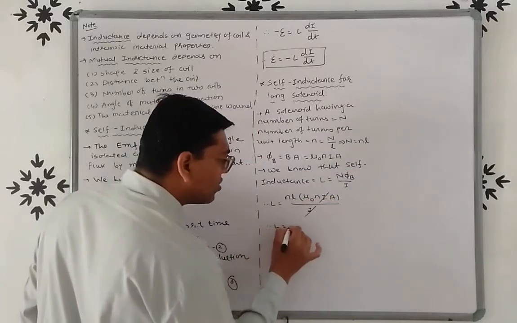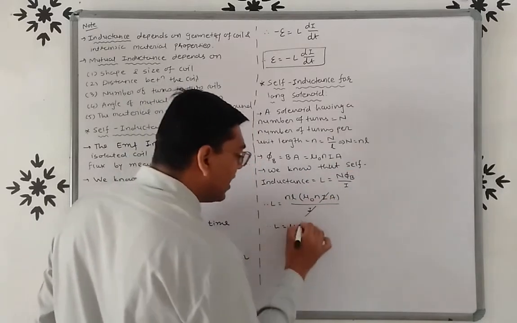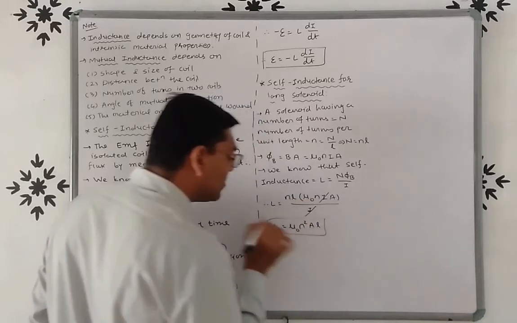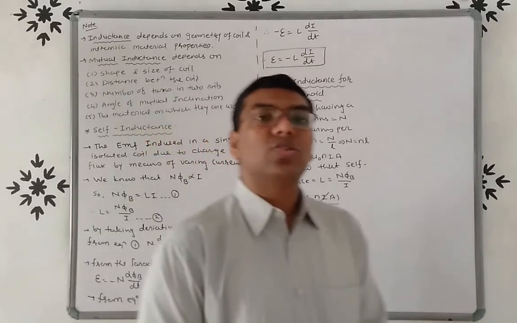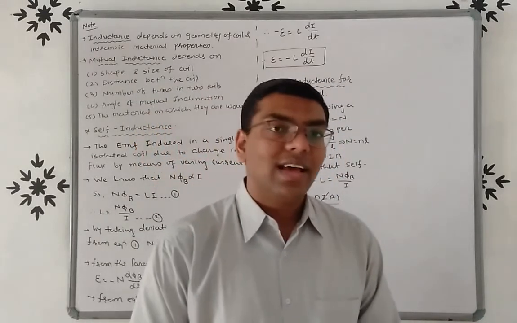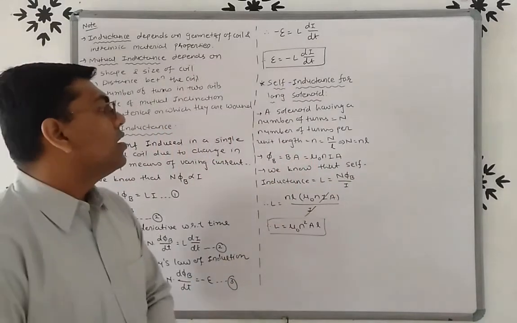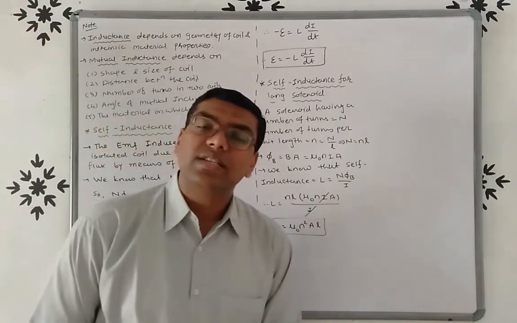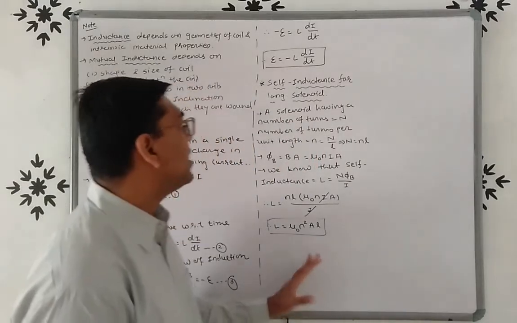So L is equal to mu 0 n square A L. So the formula of self-inductance for a long solenoid is L equal to mu 0 n square A L. Right? So this is the formula of self-inductance for a long solenoid.